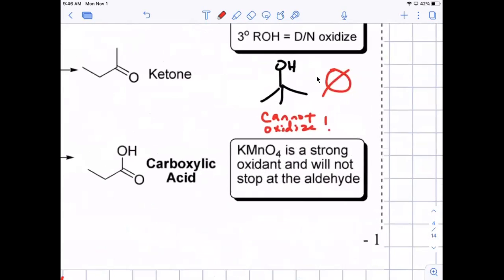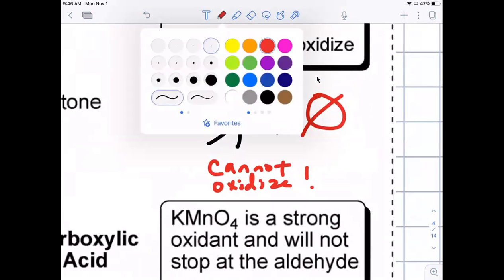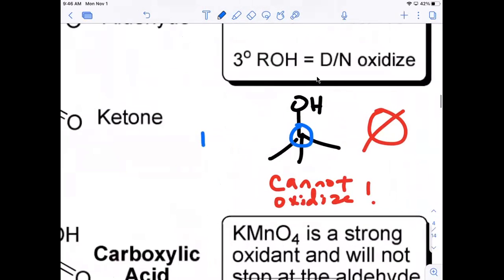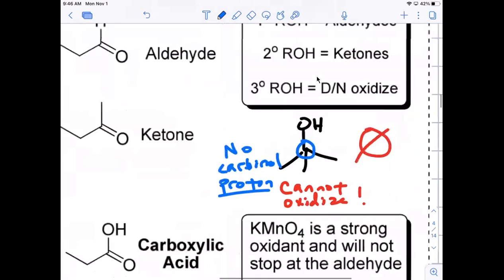If you look at a tertiary alcohol, this carbon does not have a hydrogen on it, right? So it doesn't have a carbonyl. So that's why I can't oxidize it.